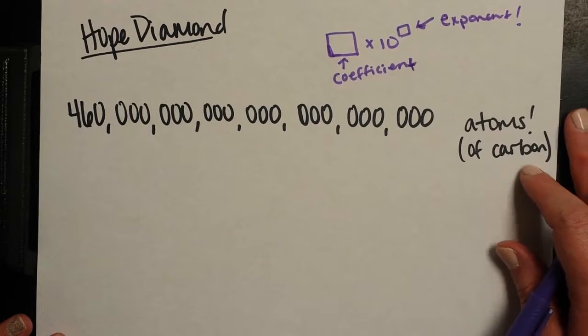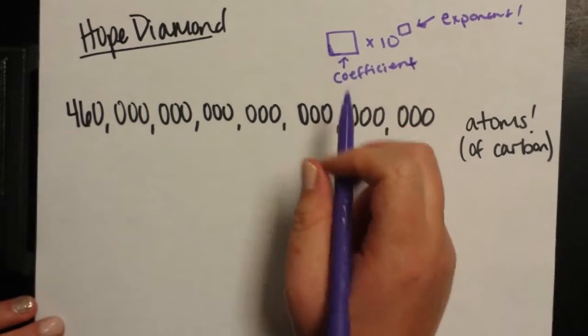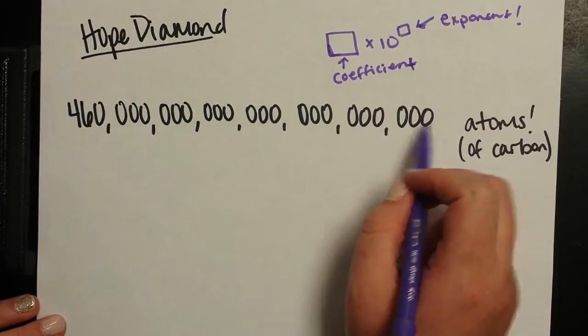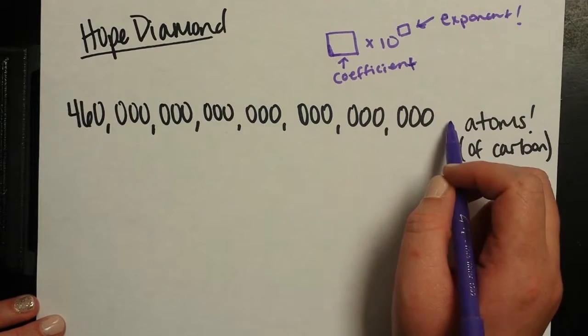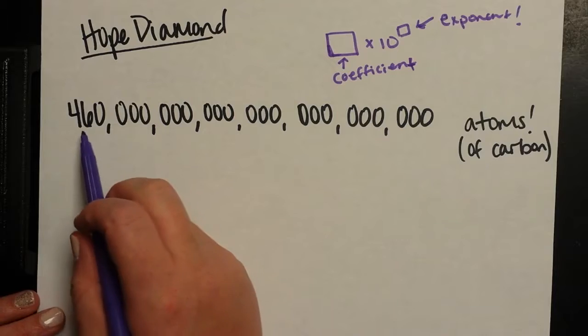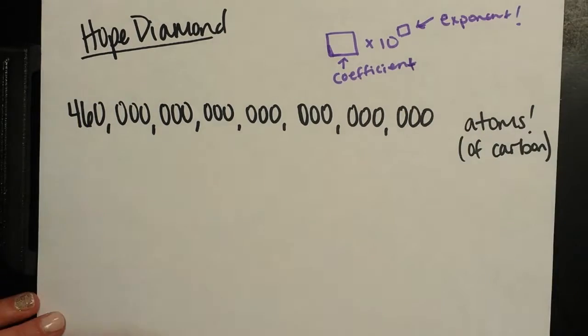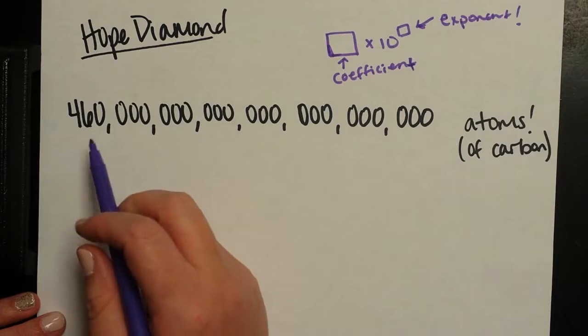So let's just do a refresher. Most of you may have already learned this. The way that you get this is by moving your decimal place. Here we have an absurd number of digits that really aren't significant. If I have 460, whatever this is, that's all you're going to stop at.